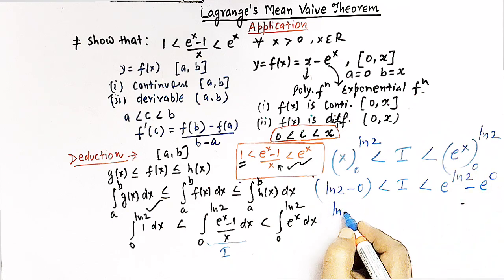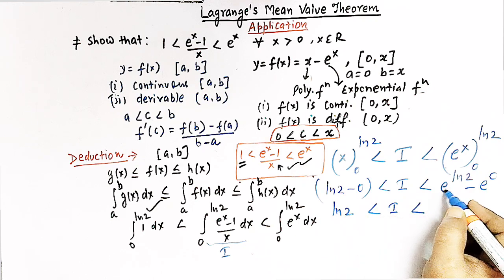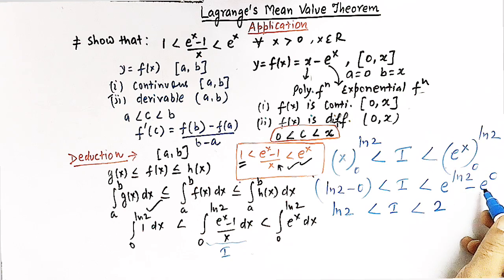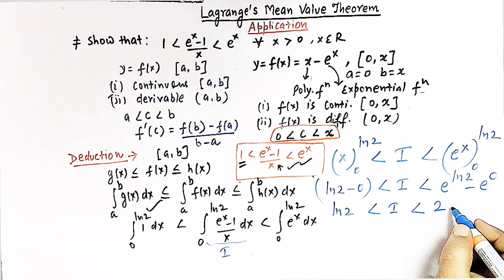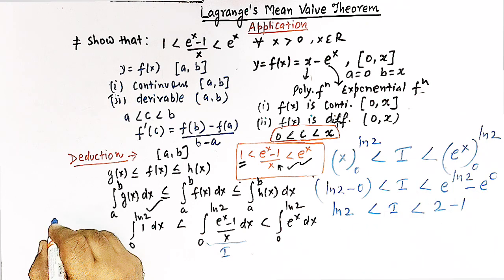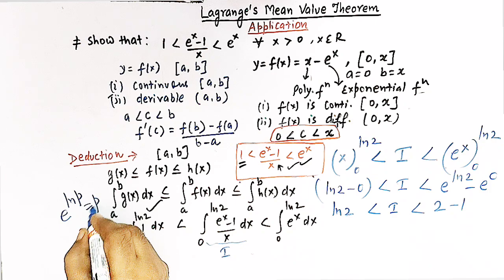So this is simply log of 2. Here we have I, and here we have e raised to natural log of 2 is simply 2, and here e raised to 0 is 1, and here we have used this result, that is e raised to natural log of p is equal to p.